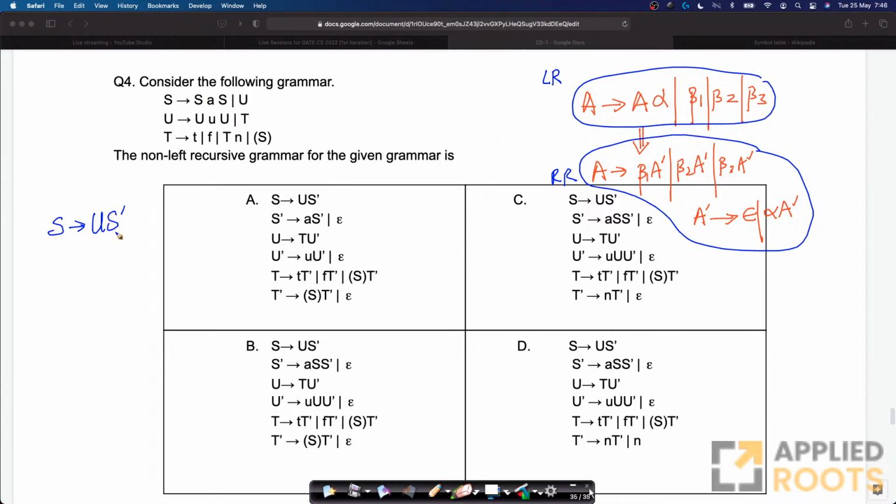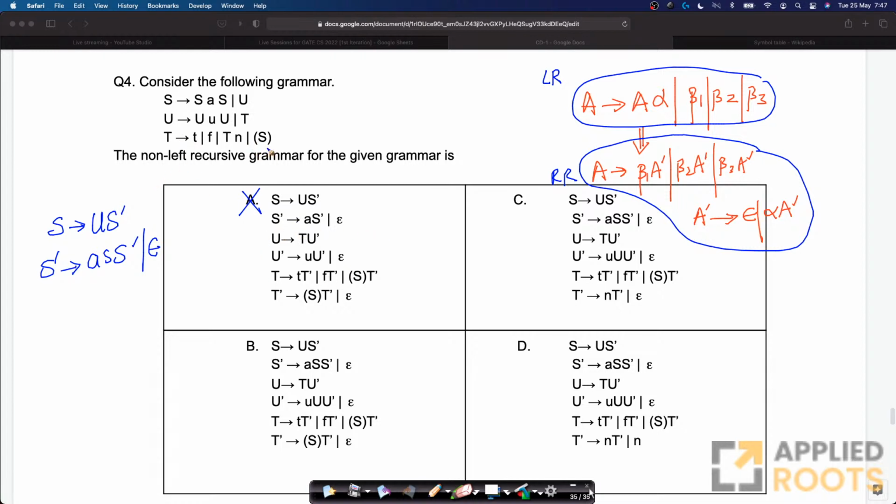So S generates U S dash, then S dash generates AS S dash, and epsilon. That's it. You're done. So S generates these 2 rules. Now from this, can I eliminate something? I can eliminate this, obviously. This goes because you have AS dash. This is not how it works. It has to be ASS dash, right? So option A I can completely eliminate.